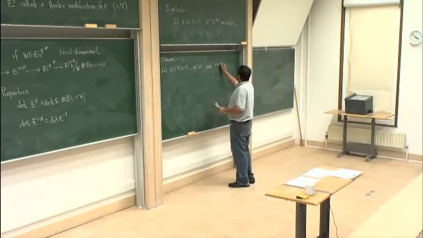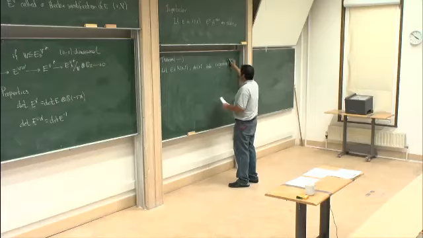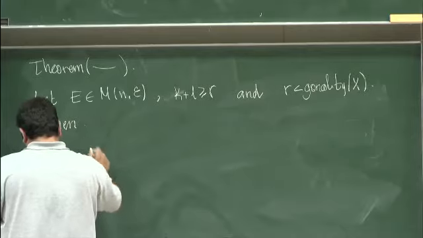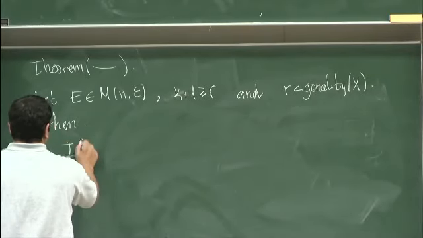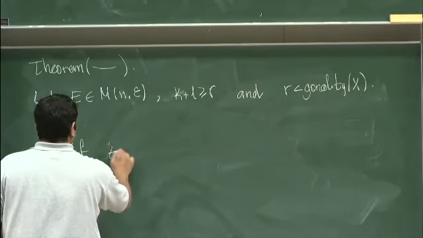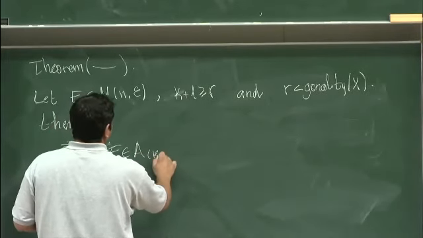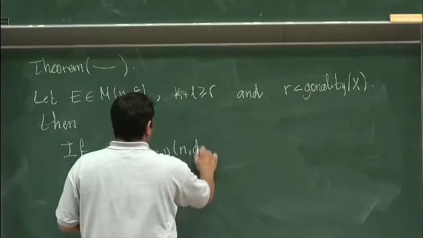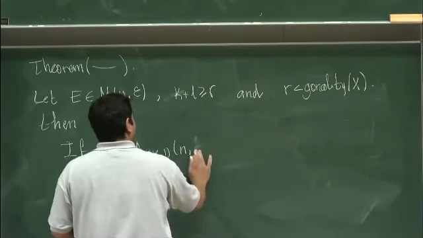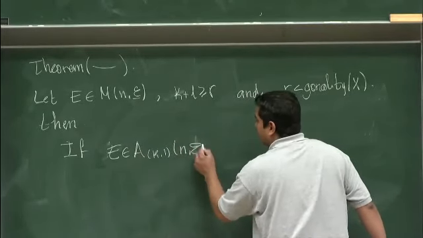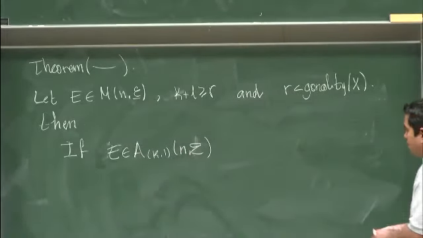Then if R is less than the multiplicity of x, then if E is KL stable, let me write that I have fixed the determinant, with the determinant fixed too.